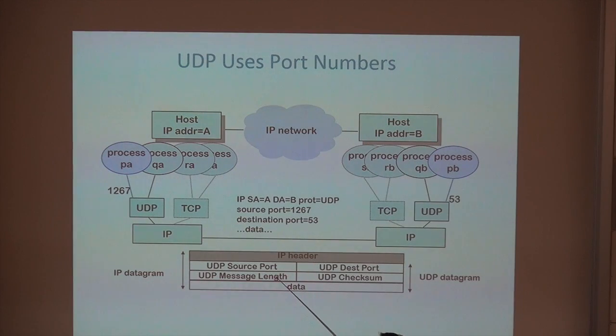In this direction, it will be 53 for the destination. A length indication says how many bytes there are, and a checksum is used, a primitive form of error detection code that verifies, in principle, the UDP data, also the IP destination address, and the data.